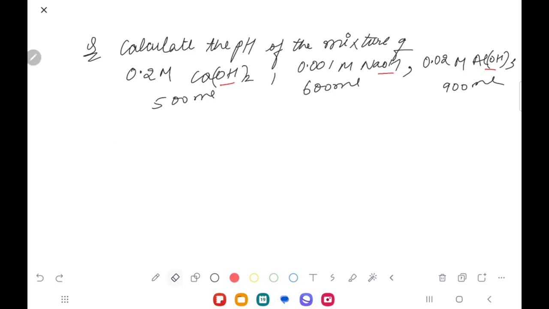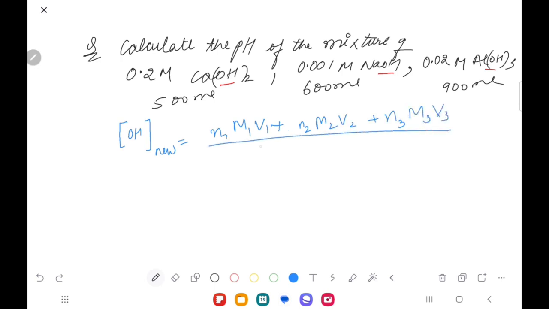I'm going to calculate pOH because for bases, we always calculate pOH. So I'm going to apply the new OH ion concentration. So I'm going to say square bracket OH new. So that would be again the same thing, N1 M1 V1 plus N2 M2 V2 plus N3 M3 V3 over V1 plus V2 plus V3, isn't it?